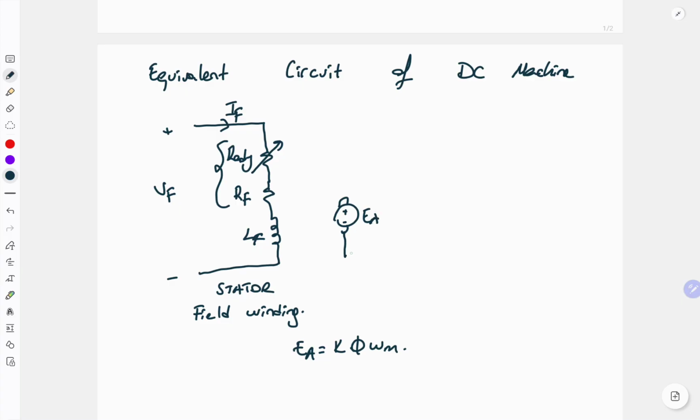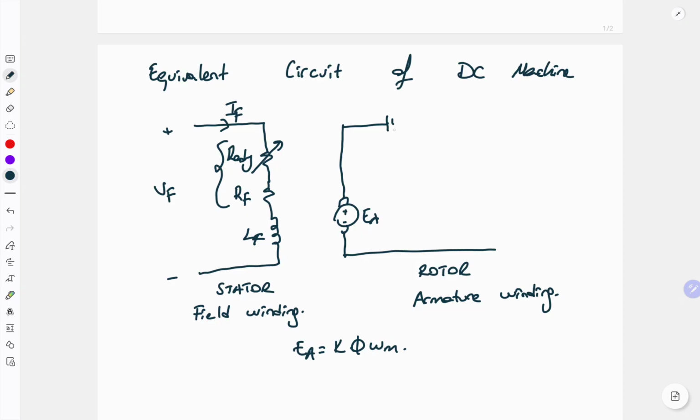And this internal generated voltage parameter can be shown on the rotor part for the armature winding, armature circuit. Then for that part, we can integrate the brush effect. It will be the changing voltage.